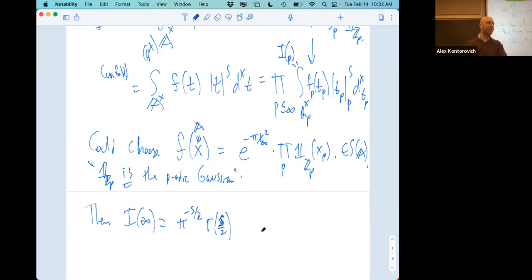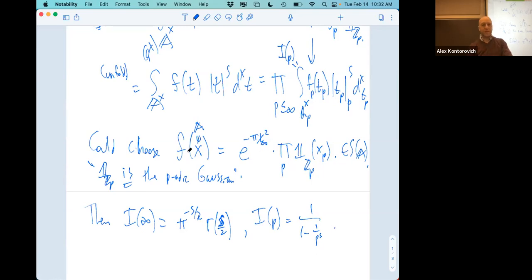This is the gamma function. And I_p we also computed. In other words, all these other integrals we computed, and we got 1 over 1 minus 1 over p to the s. I'm just reminding you what we got last time.